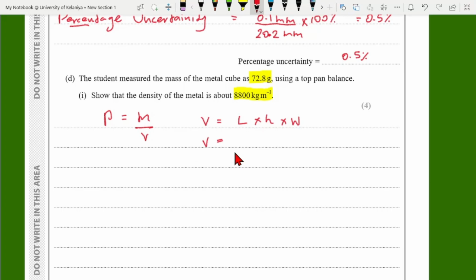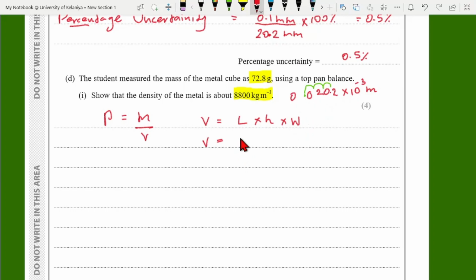So I'm going to write this by converting it into meters. If we have 20.2 millimeters, to make it into meters I have to multiply by 10 to the power minus 3. So our decimal point will move 1, 2 and 3 places, and another 0 comes in.